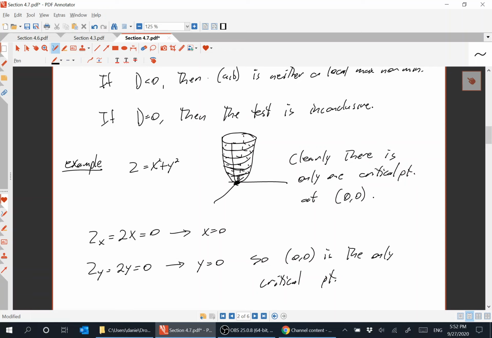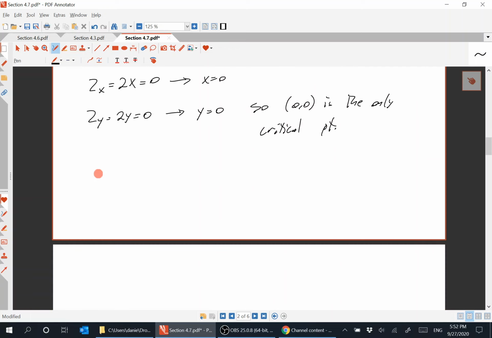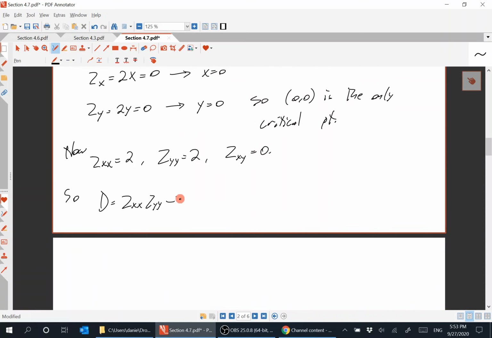All right, now let's try the second derivative test. Now zxx is 2, zyy is 2, and zxy is 0. So D, which is zxx times zyy minus zxy squared, is just equal to 4, which is positive.